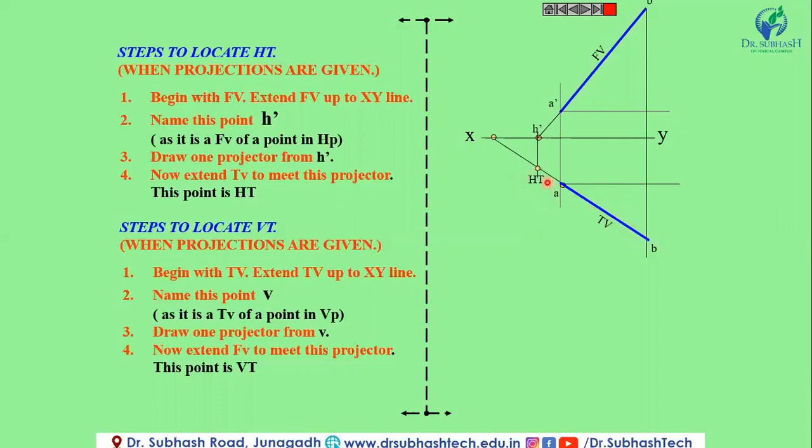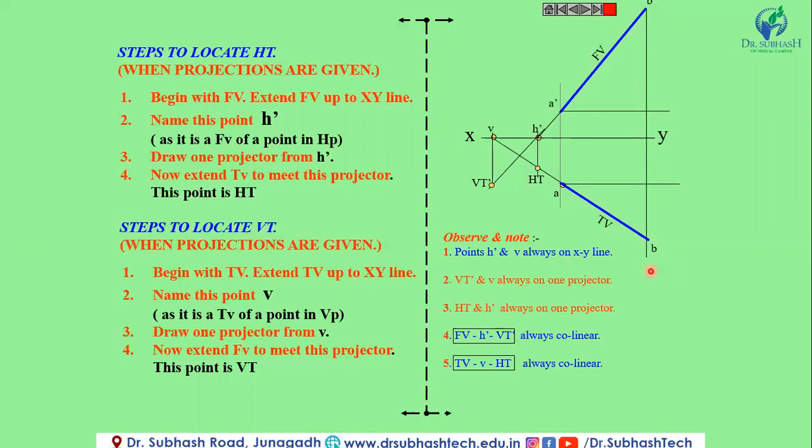When this extension line intersects the XY line, that point is known as V. Draw the projector from V to locate the VT, and extend A dash B dash; the intersection point is known as the VT, or vertical trace. HT is the horizontal trace.